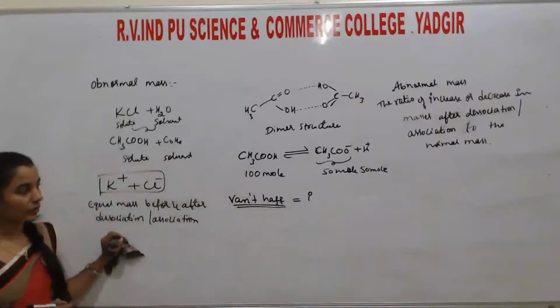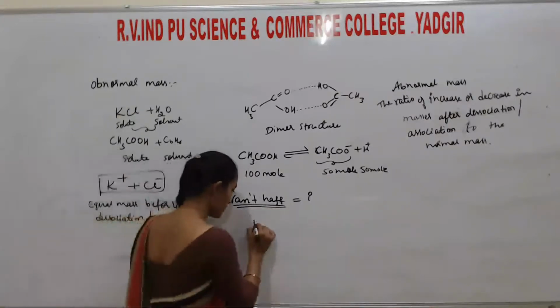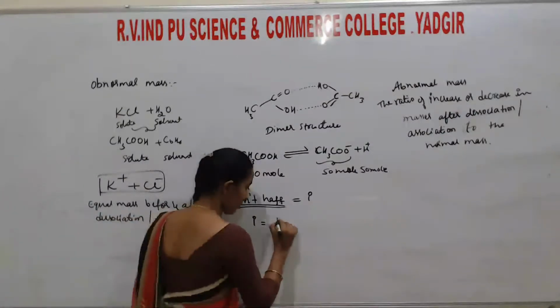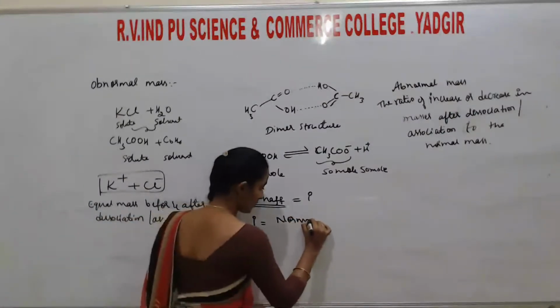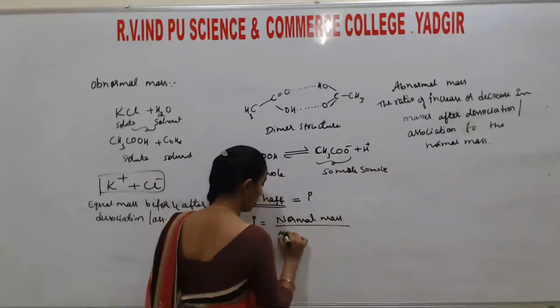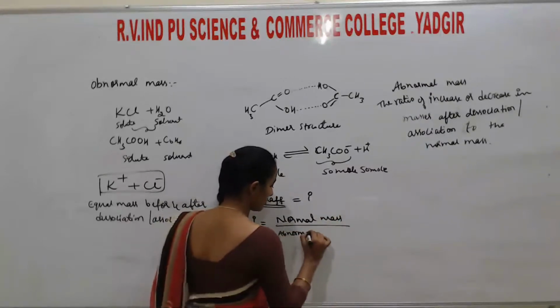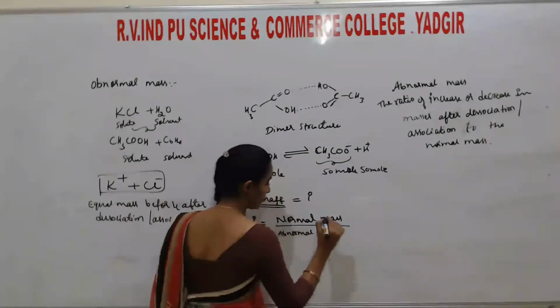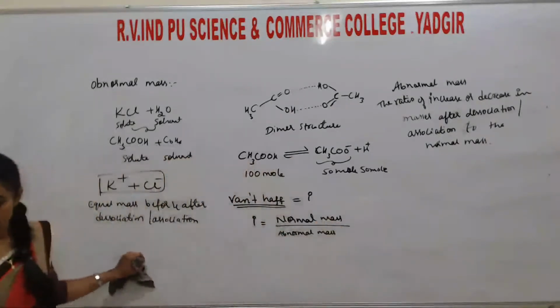Okay. So what is the equation of the Van't Hoff factor? i is equal to normal mass by abnormal mass.